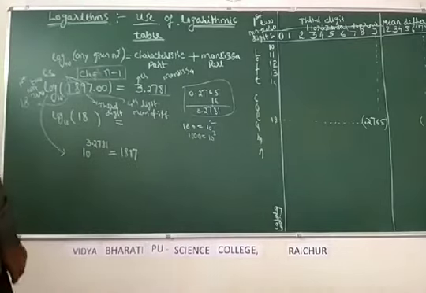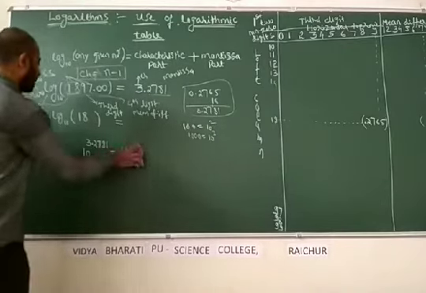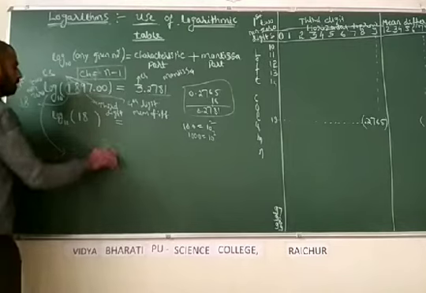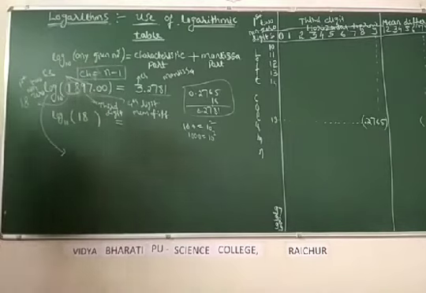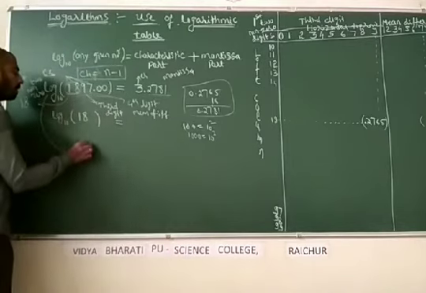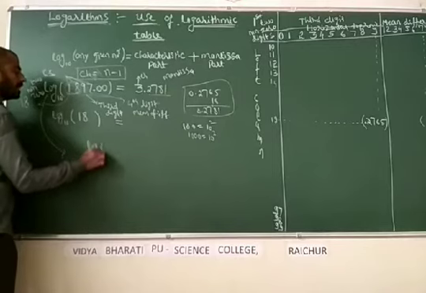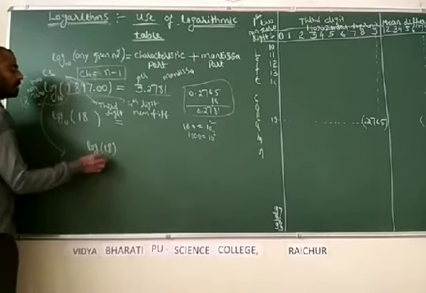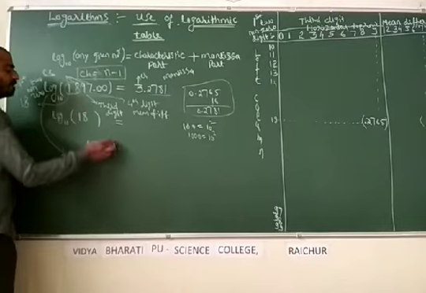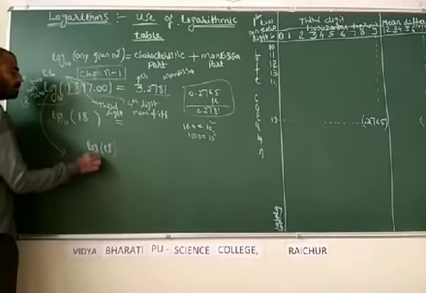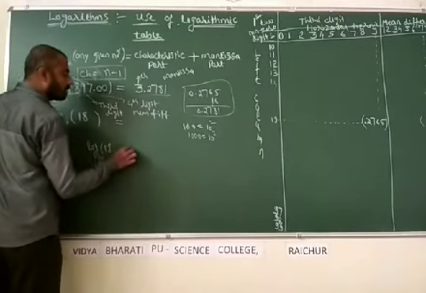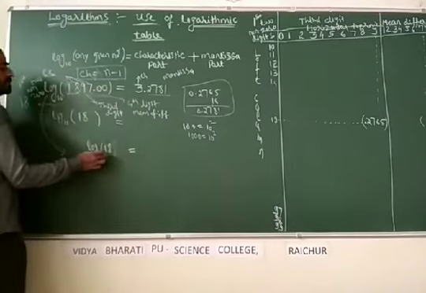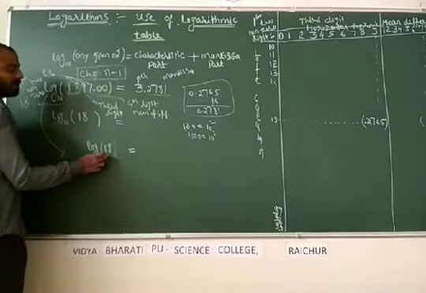Now, let us see this second example, the logarithm of 18. If you want to find the logarithmic value of 18 to the base 10, first we have to find its characteristic or integral part. How to find its characteristic?